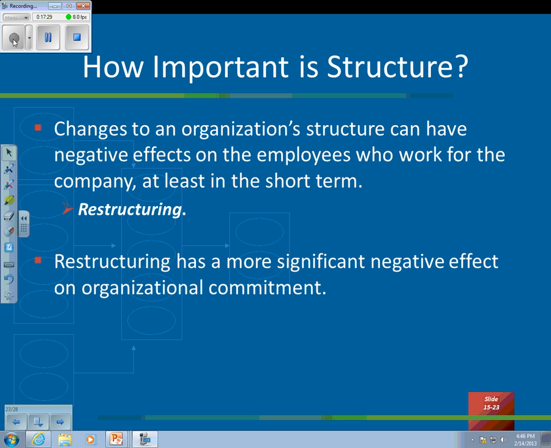Organizations today frequently restructure, often laying off managers in an attempt to create a flatter organization. What we see is perhaps a CEO who's determined to raise the stock price of a company at all costs.